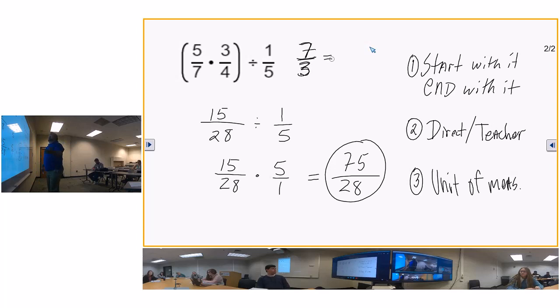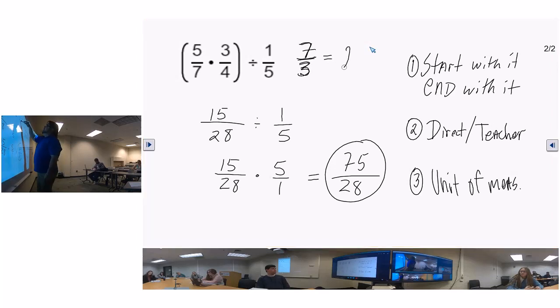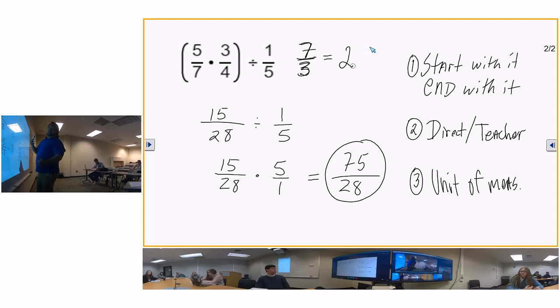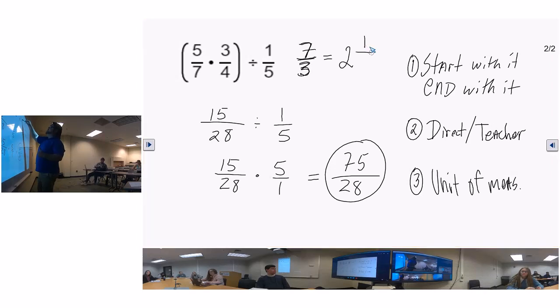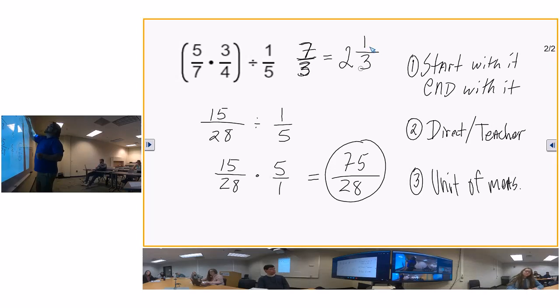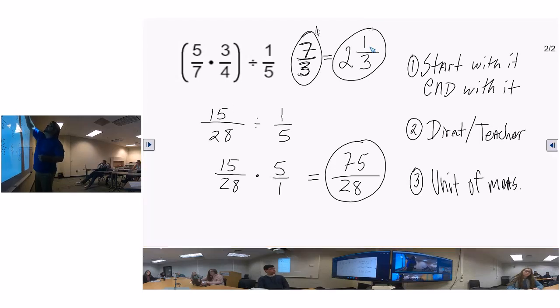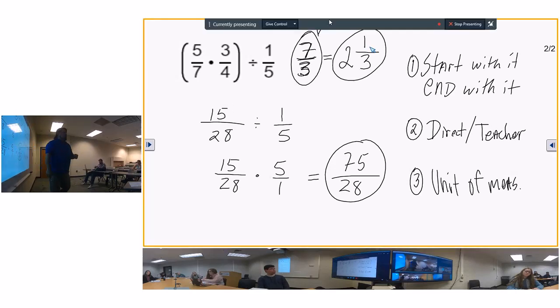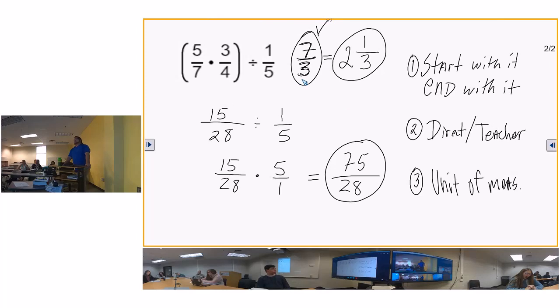How many times will 3 go into 7? That's 1 time my pencil hit the paper. What's left over? 1. That's 2 times, 3 times, 4 times. So which one's the most simple? The improper fraction. So if anybody has told you that when you reduce a mixed number from an improper fraction, they either misspoke or they didn't know what they were talking about. Because the improper fraction is never in simplest form to a mixed number.